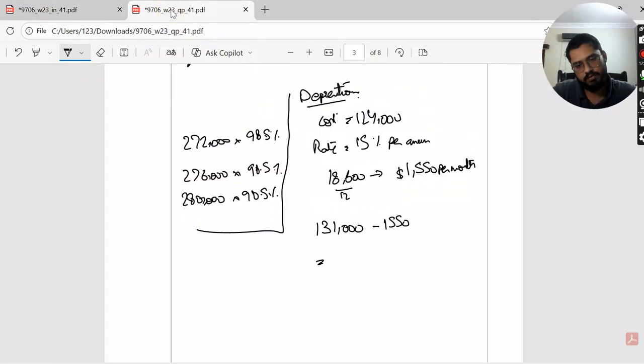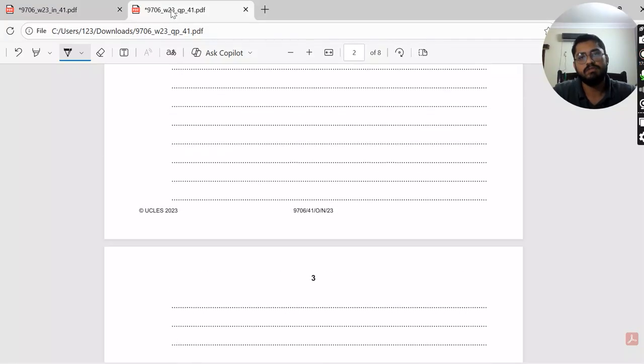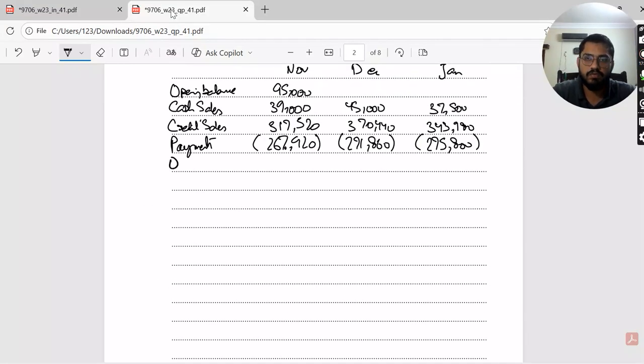Okay, so 131,000 minus 1,550, this comes up to 129,450. So this will be our cash outflow as well. Operating expenses of 129,450, 129,450, and same in the month of January as well.